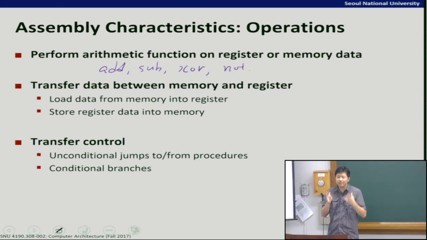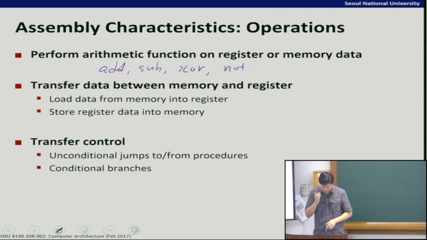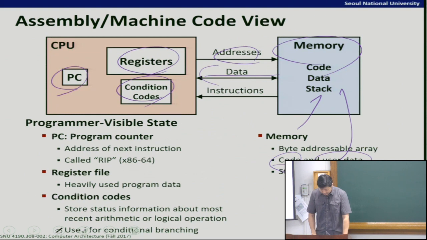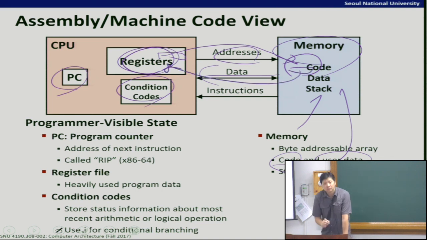Integer arithmetic or logical operations can be performed. These are supported in the language, and also transferring data between memory and register. In the previous slide, there were state elements, registers and memory. So there are instructions that move the value of a register into memory, copying the value from register to memory, or vice versa, from memory to register.